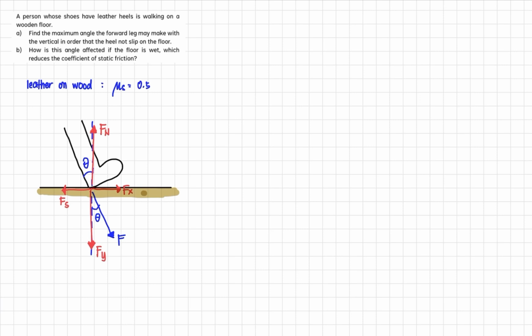Since it's not moving, the heel will not slip, so the first equation that we can make, looking at the horizontal forces, is that the net force is 0. The force directed towards the right is Fx, directed towards the left is Fs.